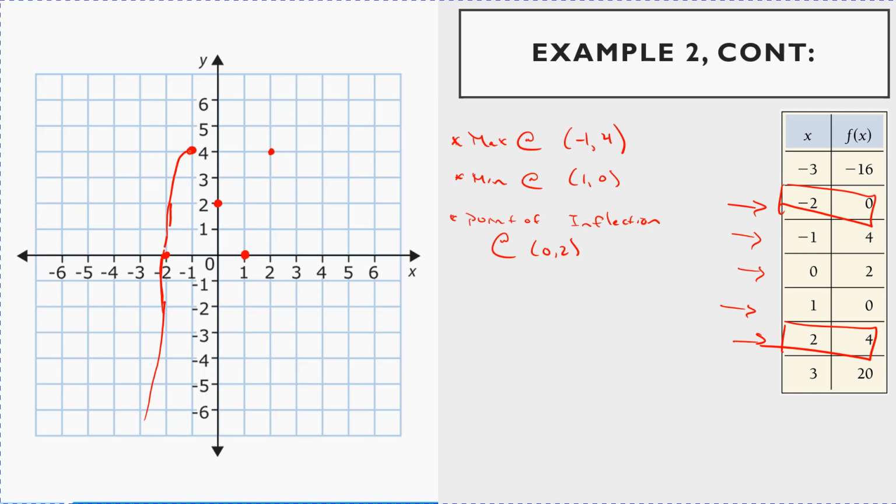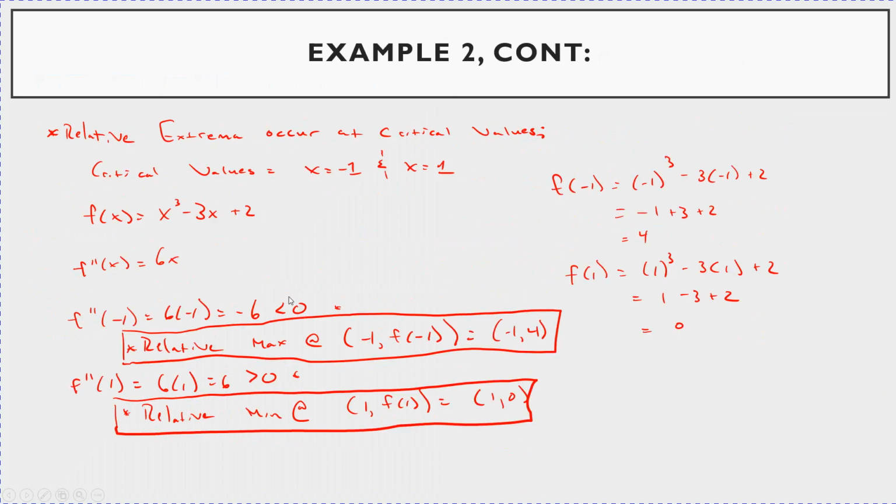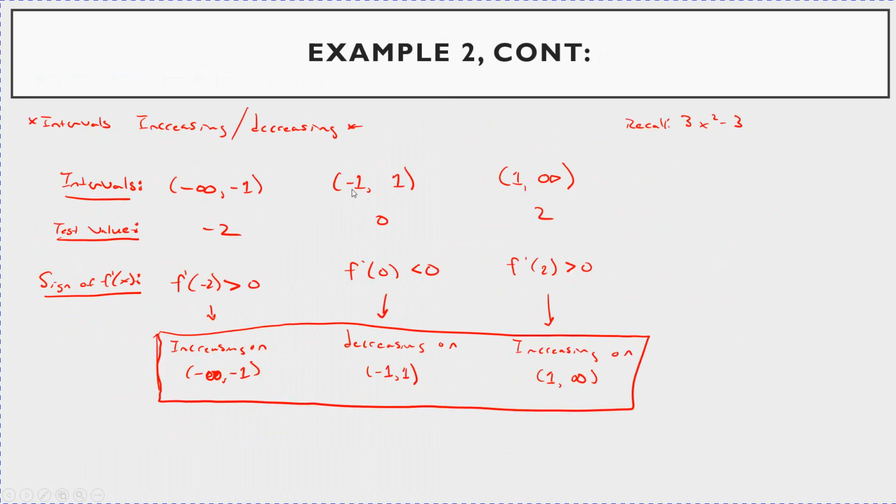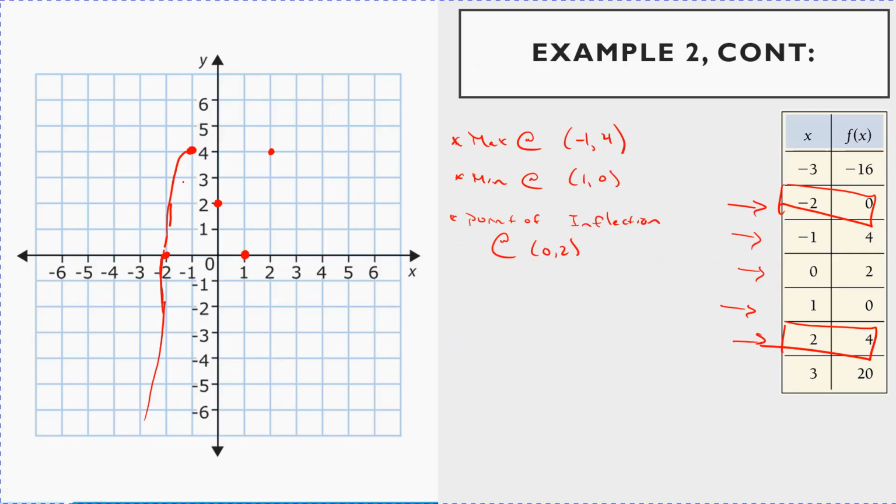And then it was decreasing from negative 1 to 1. Then this was a relative min, it's going to hit this, and then it was increasing from 1 to infinity.